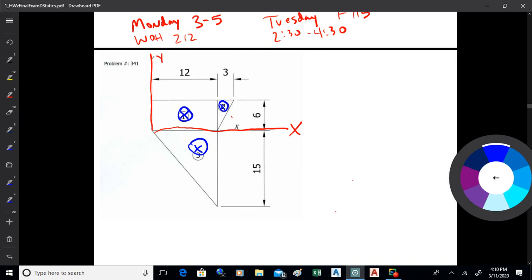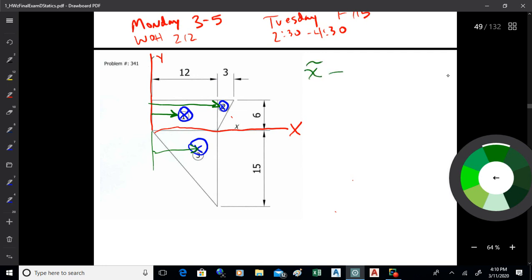And then what I want to do is measure from the y-axis in the x direction to those centroids. So I want these distances. Those are the x bars, okay? Then I also want the y distances.